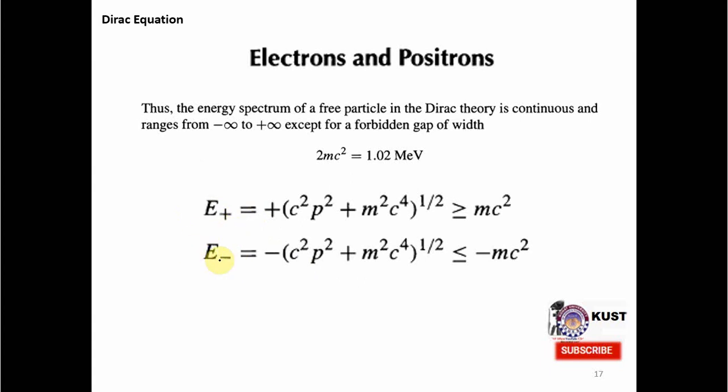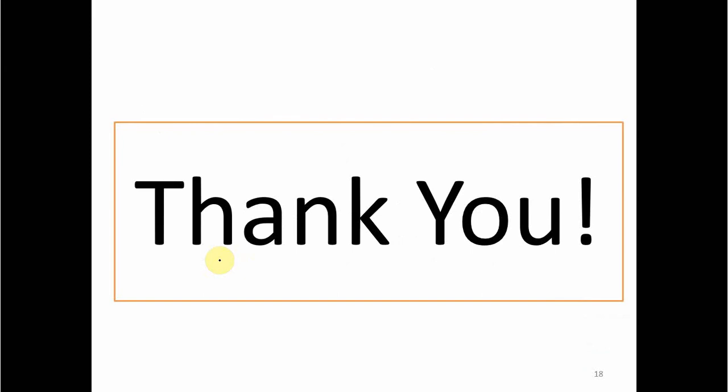So in today's lecture we have seen how the Dirac equation was derived, and how it combined quantum mechanics with the special theory of relativity, and it removed the problems of the Klein-Gordon equation, that is, it was only defined for spinless particles, but now the Dirac equation is defined also for spin half particles like electrons.